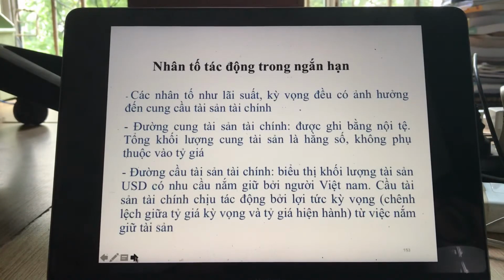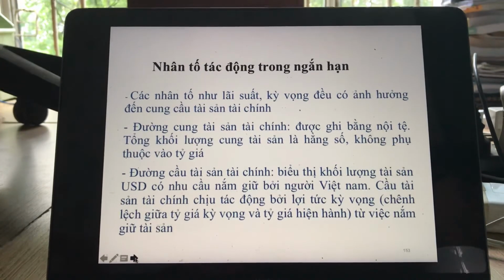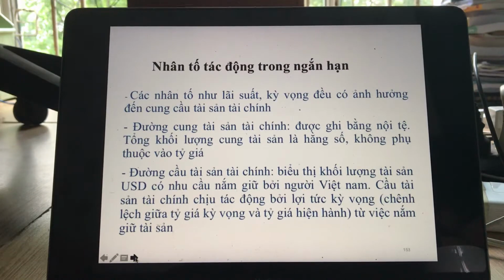Next, we move to the short run. The determinants in the short run: we focus on the interest rate and the expectation. In the short run, we use the supply and demand of financial assets.